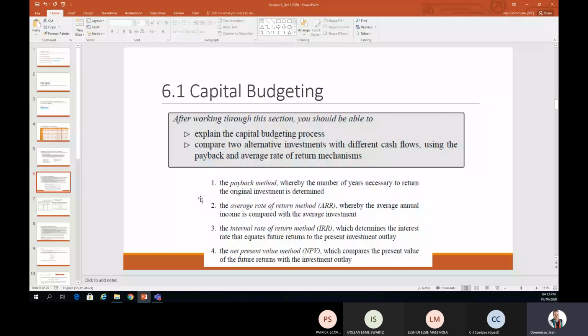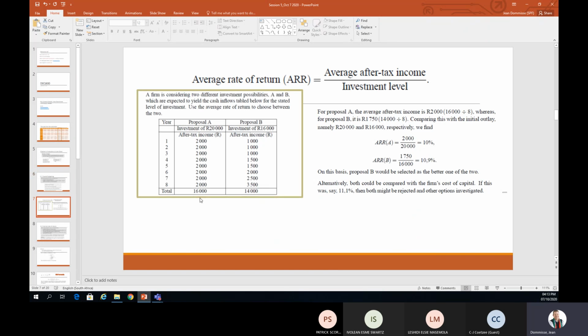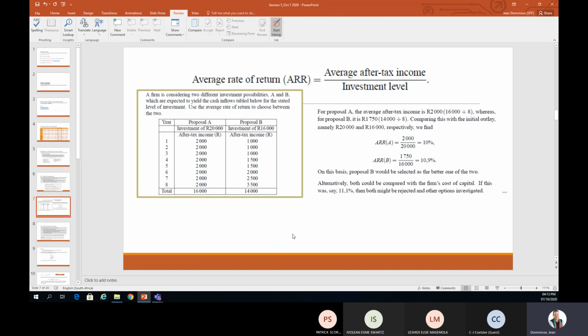But let's go again. There is information for you as normal from the study guide, so again, just to always give you the whole picture. But I nearly want to start again with some of the examples that they give you, and for me I think this one is the easier one, the average rate of return.